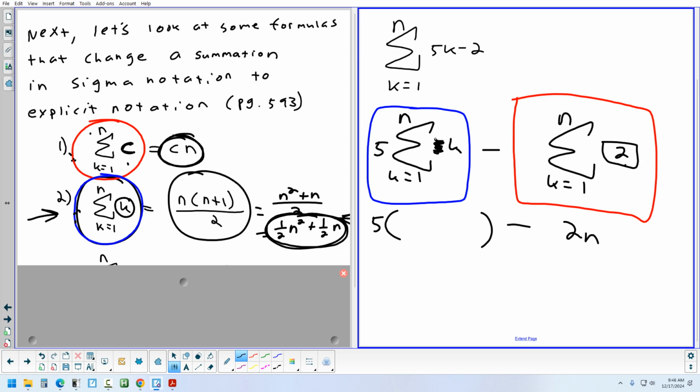Right. Now, focus just on the part that's in the blue box. What does that blue box turn into? Yeah, it turns into 1/2 n squared plus 1/2 n. Okay. What's 5 times a half?